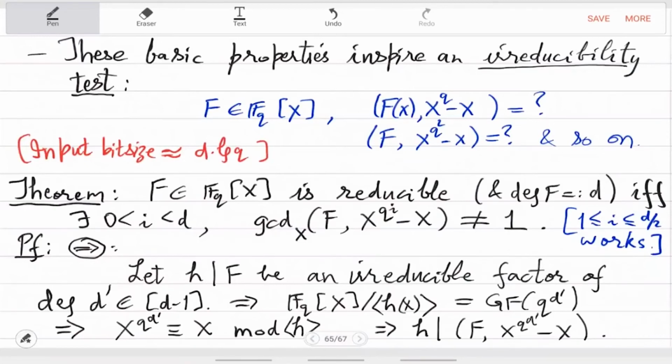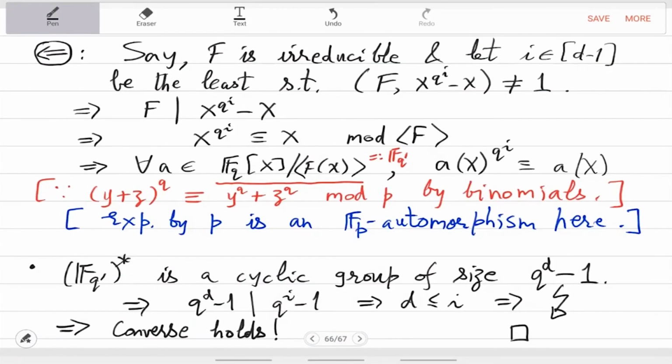What is the reason? That reason actually is in this slide. So you have to go through this. In particular, if you look at the last condition, q raised to d minus 1 divides q raised to i minus 1, what can you deduce from that? You actually deduce something stronger than what I have written: that d divides i.